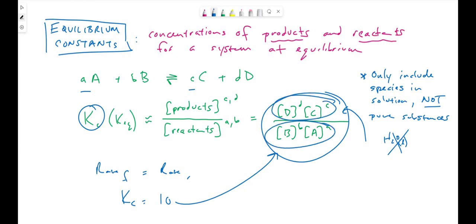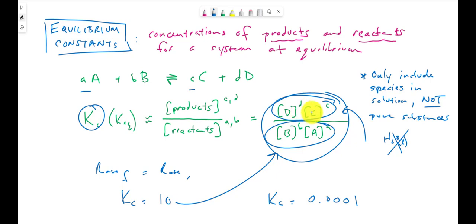So it literally tells us the ratio of products to reactants once the system achieves equilibrium, where the forward and the reverse reaction rates are the same. Similarly, we could think about, what if Kc is equal to, say, 0.0001? Well, that pretty intuitively tells us that now we're going to have way more reactants left over at equilibrium than we do products.